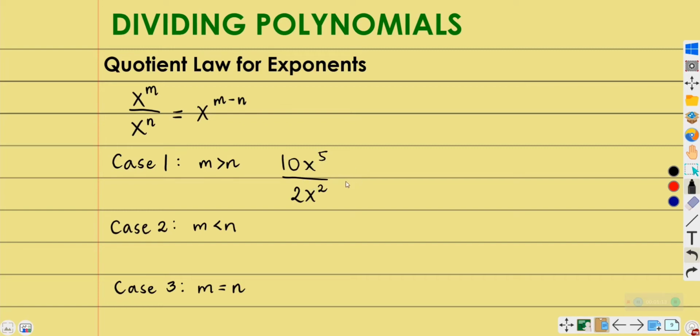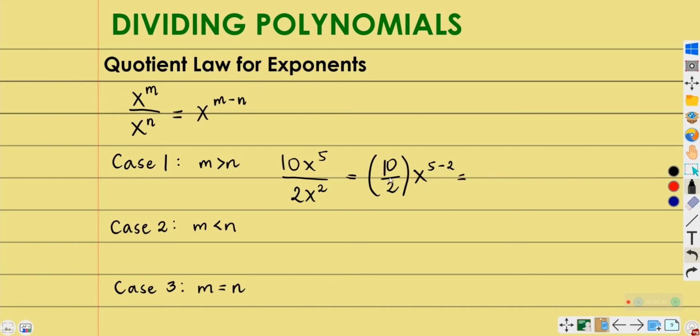Okay, so ang gagawin po natin dito is to divide the numerical coefficients, division pa din yan, 10 divided by 2, and subtract the exponents. Okay? So, 5 minus 2.